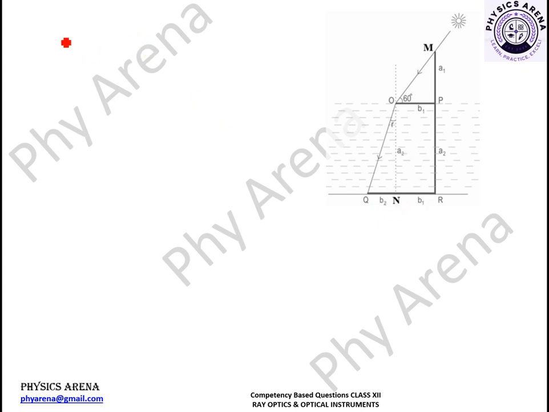For that, we have to apply Snell's law. So first, applying Snell's law, I can write sine i upon sine r is equal to 4 by 3, that is the refractive index of water with respect to air. And this is my angle of incidence i, and this is r, the angle of refraction.